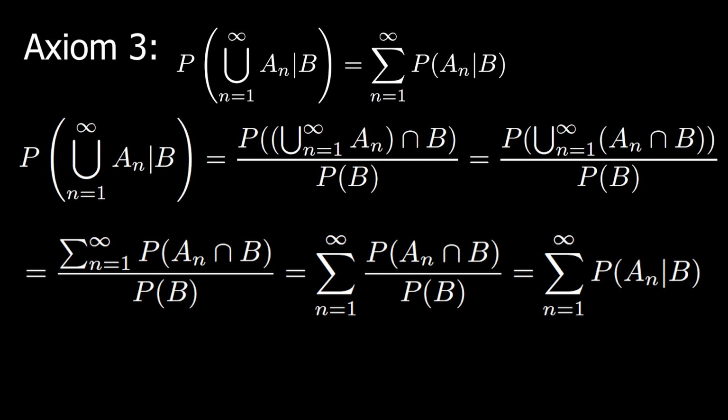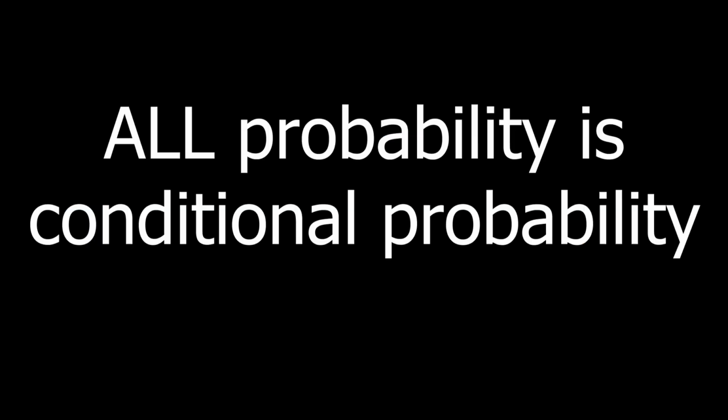It should make intuitive sense that conditional probability measures are probability measures, because in a way, all probabilities are conditional probabilities. Whatever statement you can dream up to assign a probability to, it has some underlying assumption, some event that has already occurred.